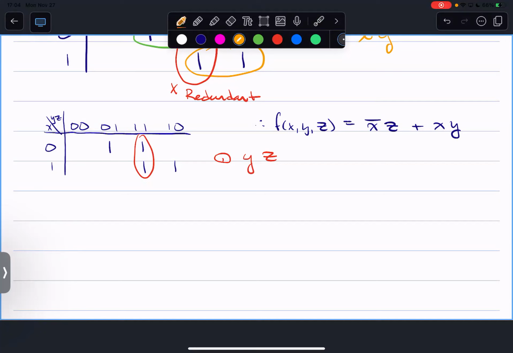But I would still need to capture this one. And instead of just doing 1 on its own, I always want to make the biggest group that I can. And same thing with this one. I want to make the biggest group that I can, right?